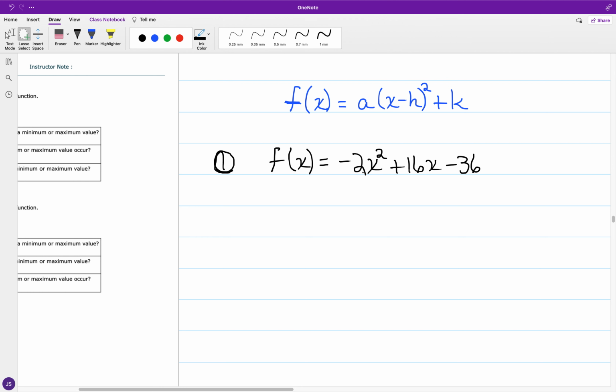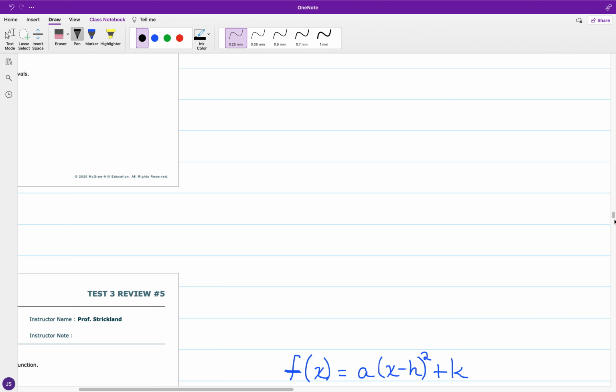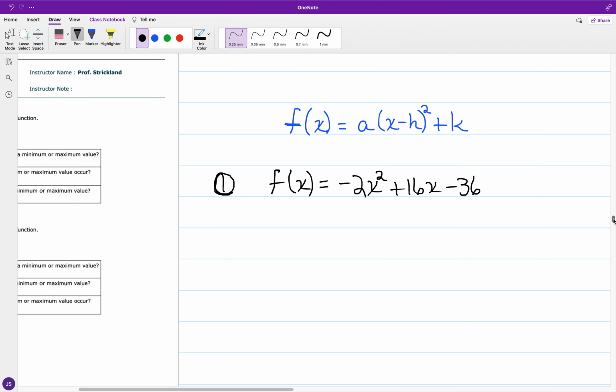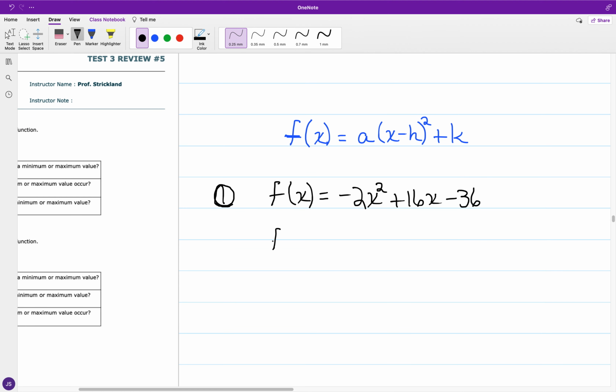If I were to take this particular function and rewrite it in vertex form, going from the standard form to the vertex form, I can begin by separating the variable terms from minus 36, the constant value.